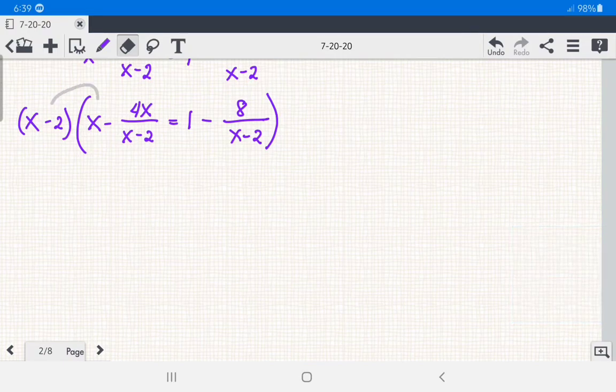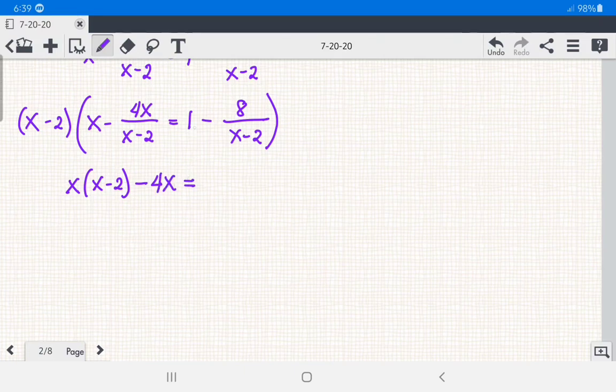x minus 2 times x. So, we will just multiply x times x minus 2. Then minus x minus 2 times 4x over x minus 2. As you can see, we all know that the denominator of this is 1, right? Now, we can cancel x minus 2. Then, we have only 4x. Let us copy 4x.